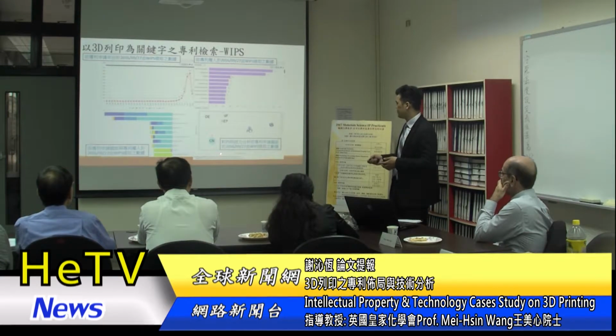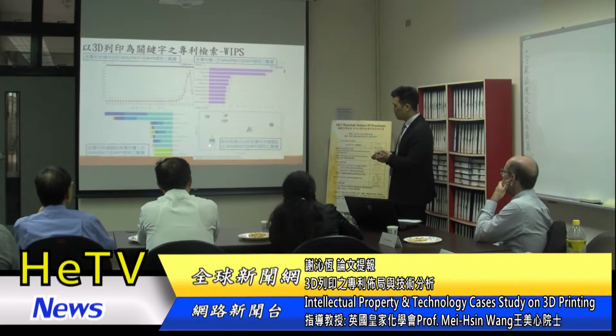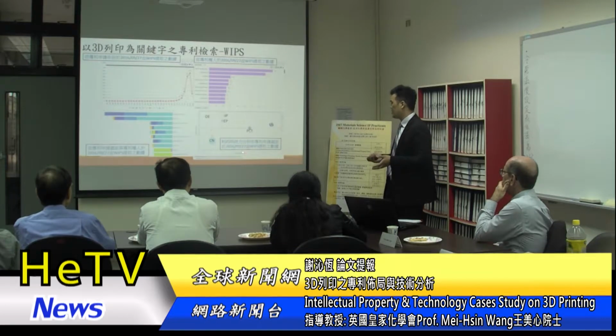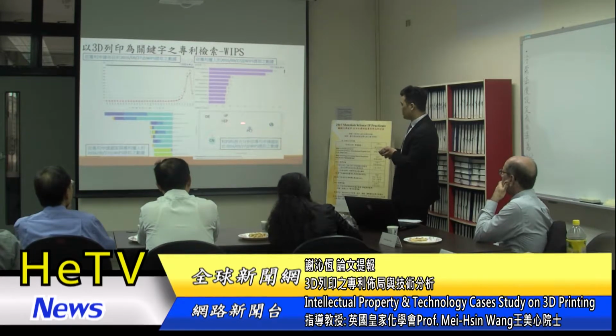This picture is for technology influence and market power. We can see that although the Chinese patents have a lot of patent applications, their technical influence and market power are not very high. And the United States, Japan, Europe, PCT have much better patents.